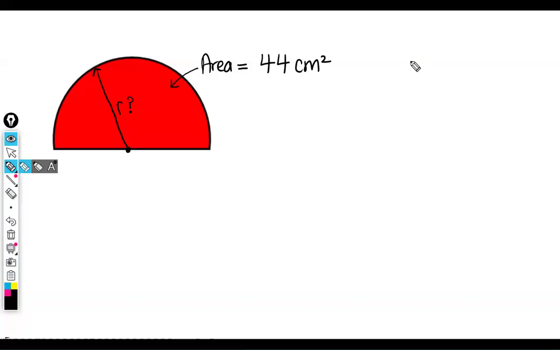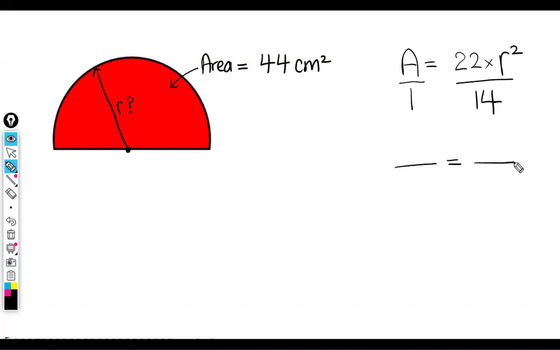Since this one will involve some cross multiplication, the area of a semicircle is 22 multiplied by the radius squared divided by 14. That's the better formula to use this time. And area is the same thing as area over 1. So let's substitute in some values here.